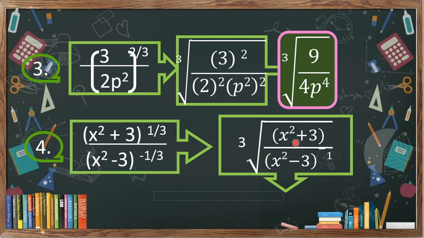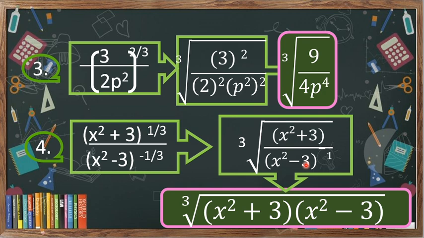Then write down the radicand inside our symbol. Then don't forget to write down the negative here. Then write the exponent as positive or imaginary one. Then get the reciprocal of x squared minus 3, so it will be written above, in the location of the numerator. So our final answer is the cube root of x squared plus 3 times the quantity x squared minus 3.